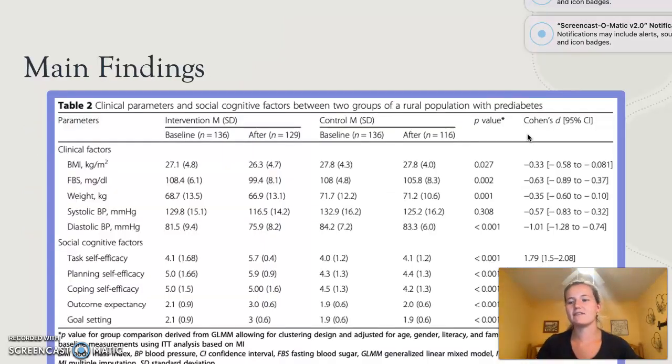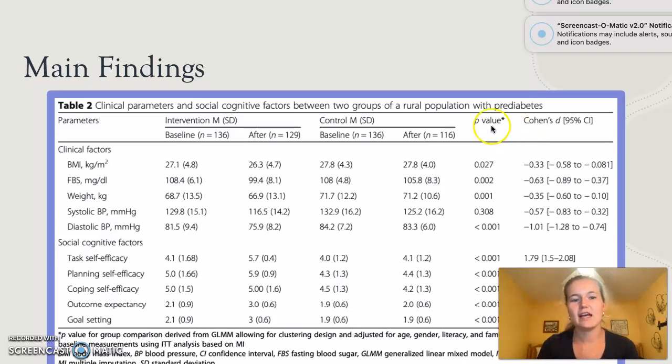So the main findings of this study, again, I wanted to show this chart because I think it's the most clear way to show this. Basically, the study found that the experimental group, which went through that physical activity intervention, had significantly lower fasting blood sugar, BMI, weight, and diastolic blood pressure post 16-week intervention.